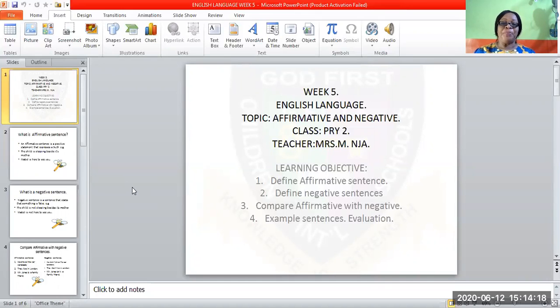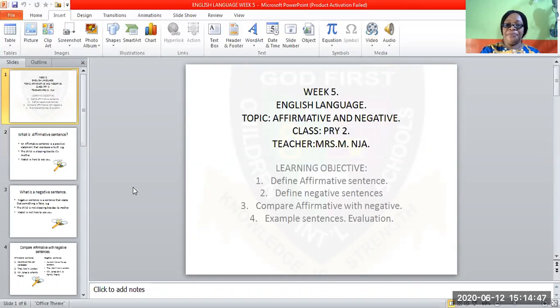We should also be able to define negative sentence and apply it in use. Are we together?